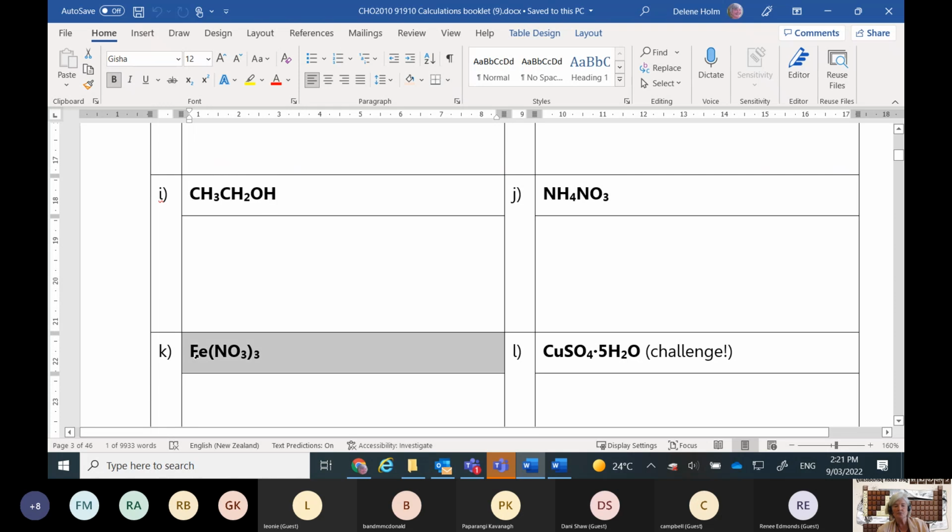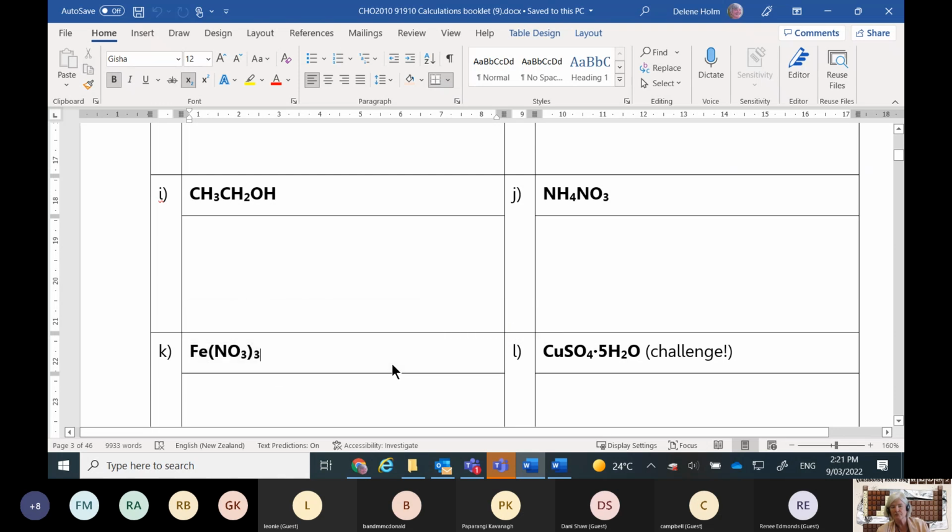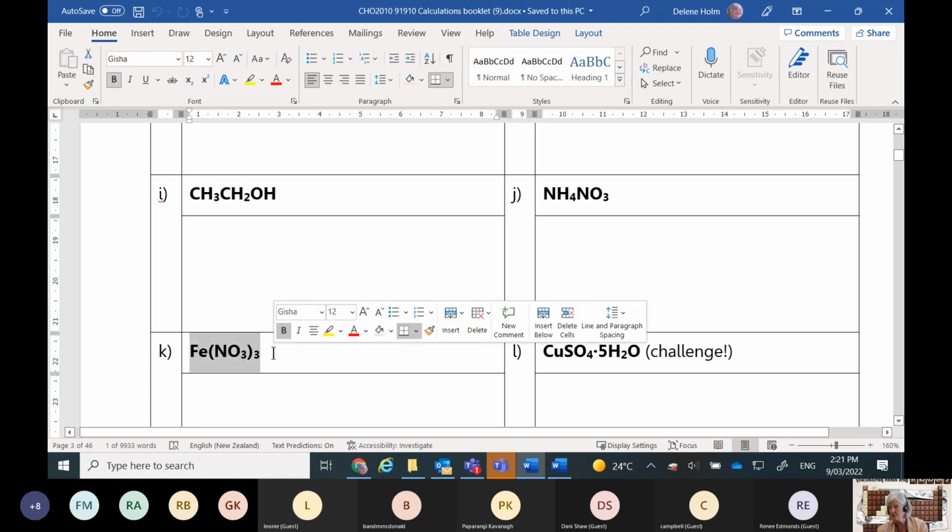So if I go to this one down here, how many oxygen atoms do I have in iron 3 nitrate? 9. Okay, so when you just see something like this without brackets, you add them. When you see something with brackets, you multiply them. So hopefully that's now all clear to everybody.